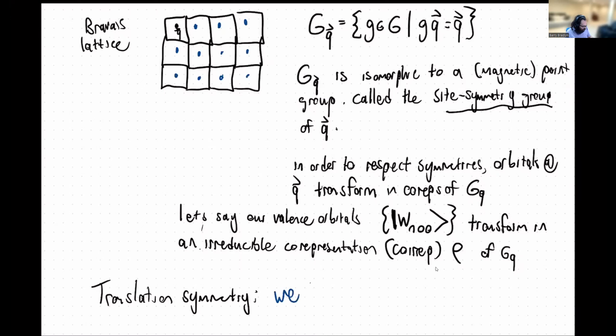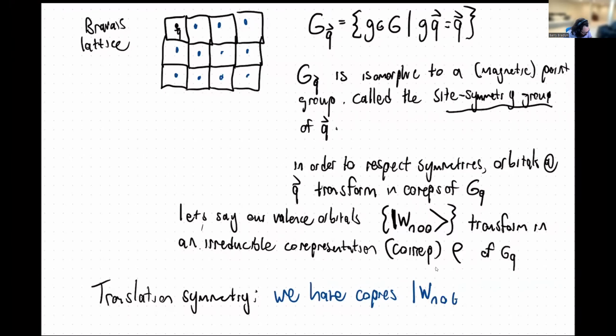This means that we have copies, which I will denote W_N^{0,T}, that I get by taking my original orbitals in my starting unit cell and acting on them with all my Bravais lattice translations. They just translate the functions, and I have to have these.